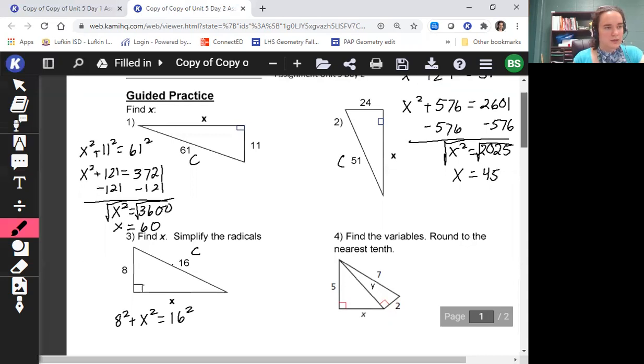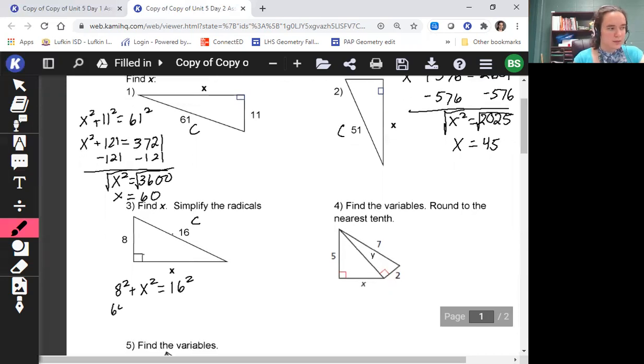And 8 squared is 64 plus x squared equals 256. Subtracting 64 from both sides, and we get x squared equaling 192.